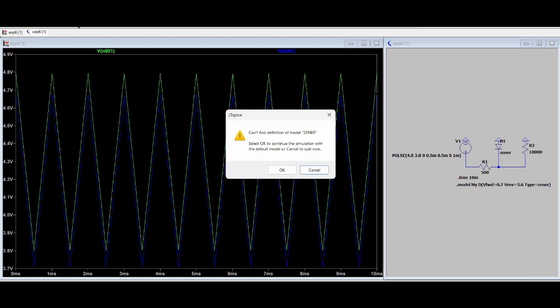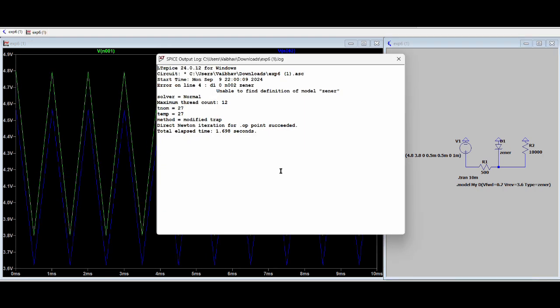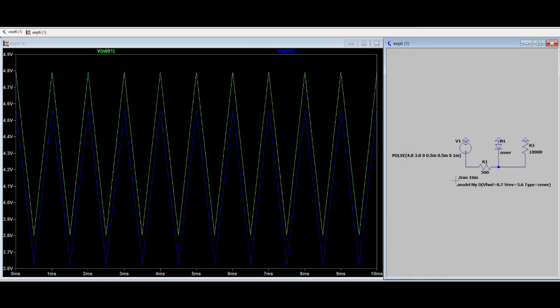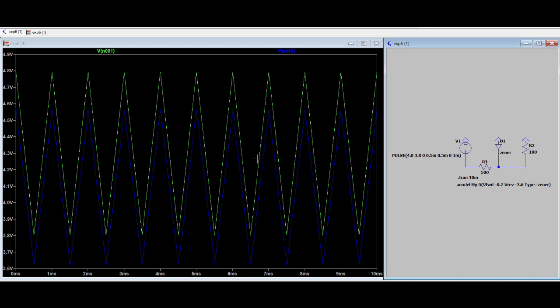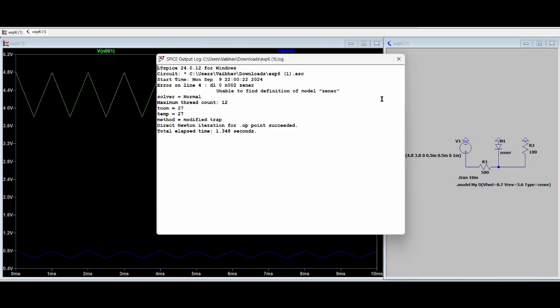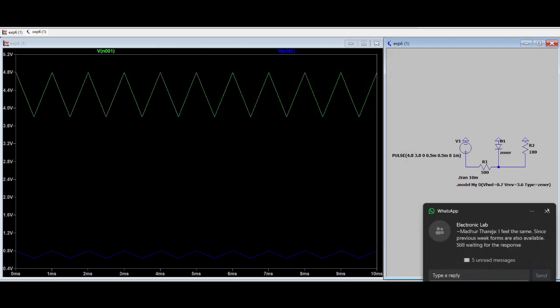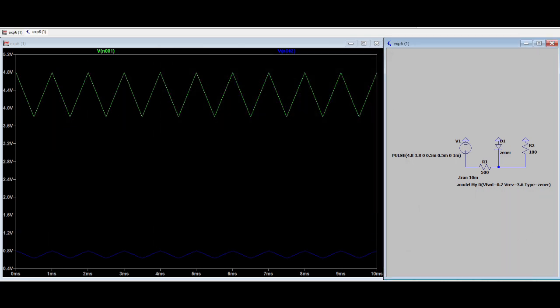Now I change this RS to 500 ohms and let us see the expected outcomes. After changing it to 500 ohms, the sensitivity to the series resistance, which is our RS, increasing from 250 ohms to 500 ohms significantly narrows the range of load resistance over which effective voltage regulation occurs.